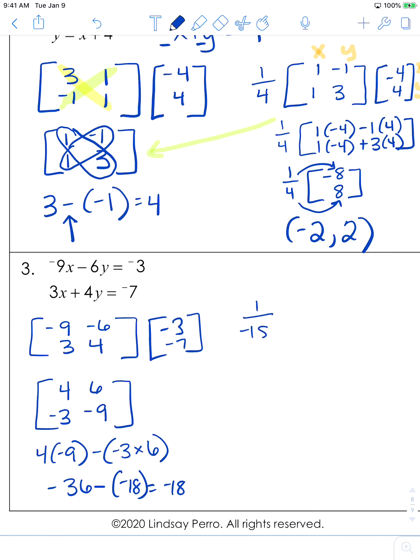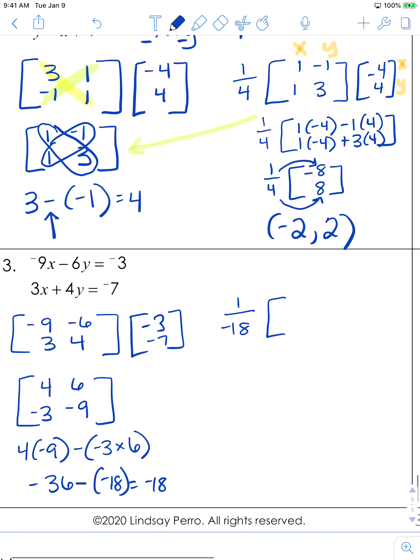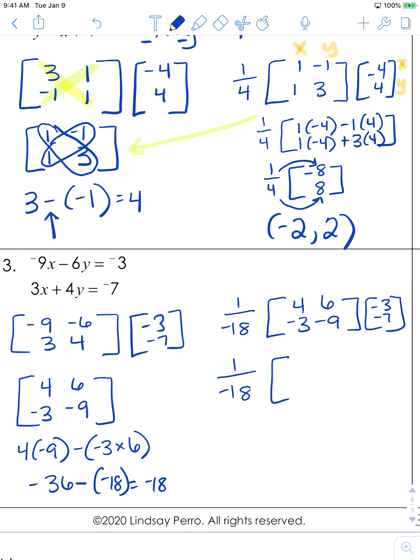1 over -18. And then we have 4, -3, 6, -9, -3, -7. 1 over -18. 4 times -3 plus 6 times -7. -3 times -3 minus 9 times -7.